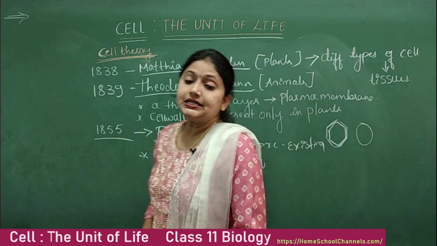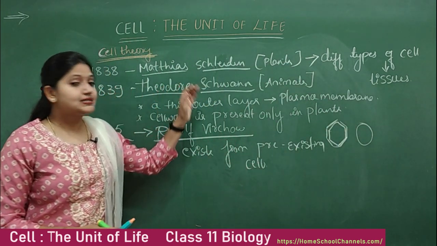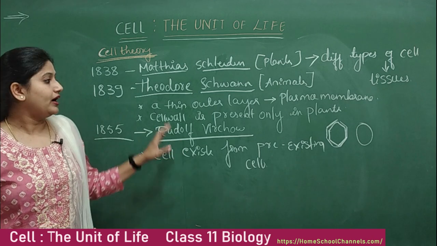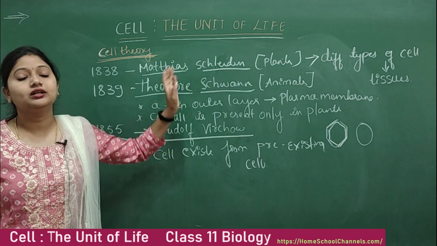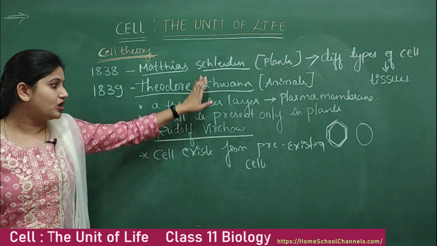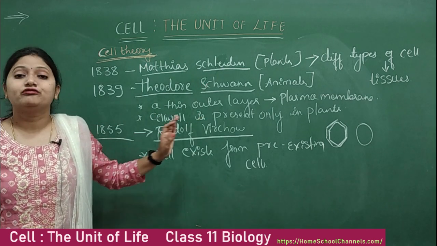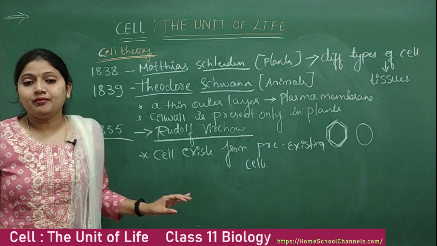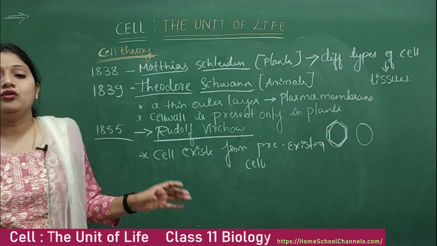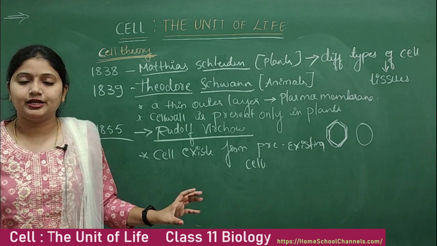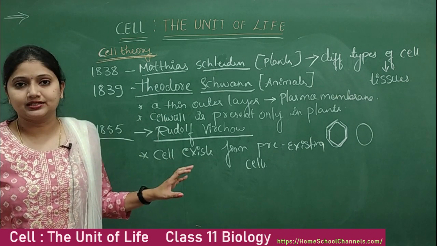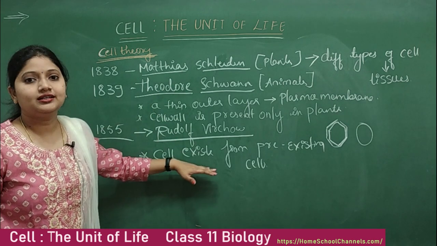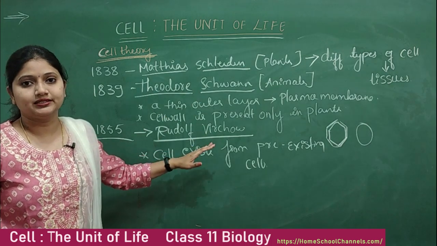Based on these three scientists, and more importantly Schleiden and Schwann, based on their findings, the final cell theory was put forth. They may ask you a question, which among the statements are a part of the cell theory? So we will write the statements of the cell theory now.